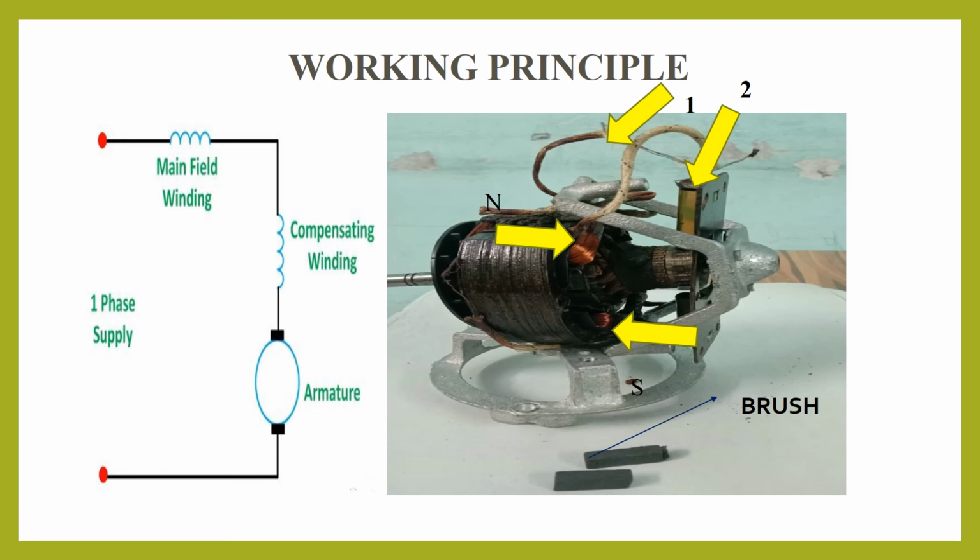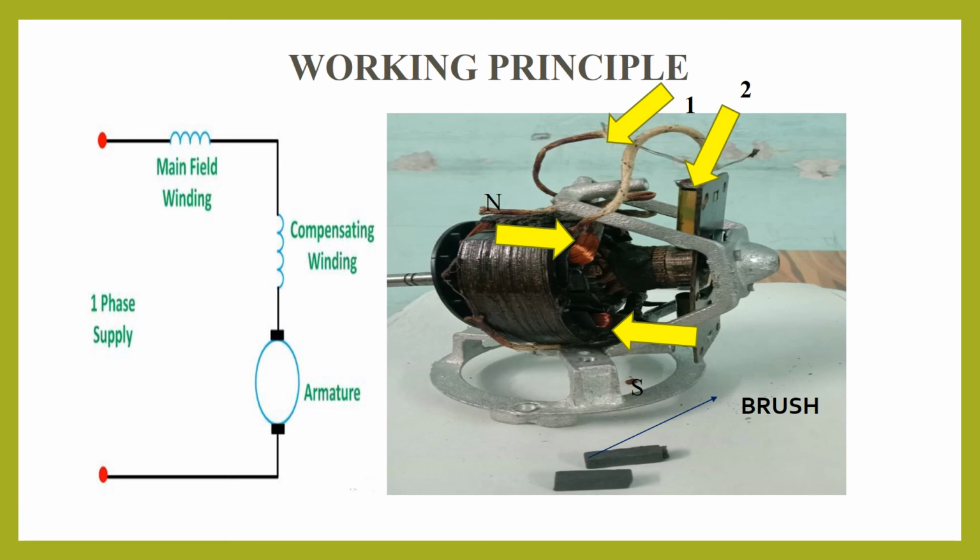Now the armature will behave as a current carrying conductor. As per the principles of the DC motor, whenever a current carrying conductor is placed in between the north pole and south pole, this conductor tends to rotate. The torque is created and the conductor is rotated. So the electrical input is converted into mechanical.